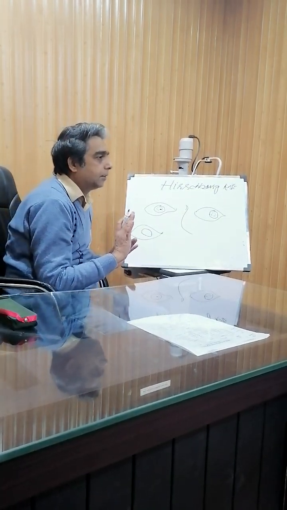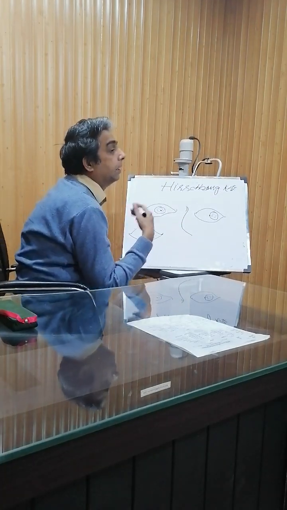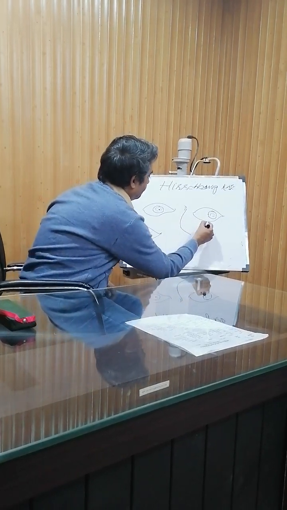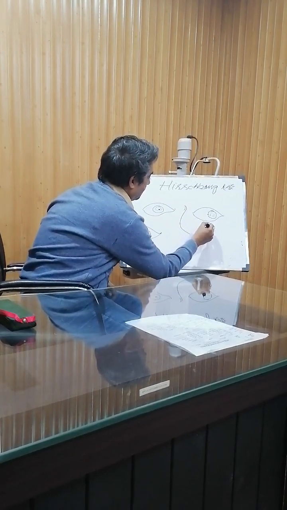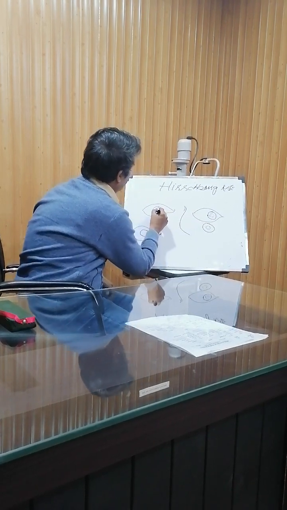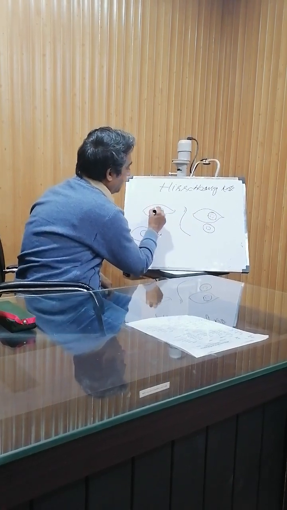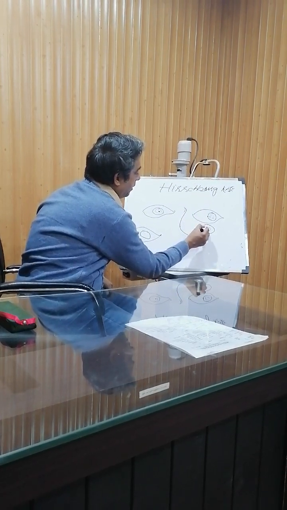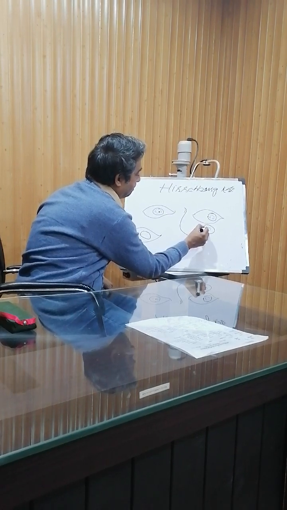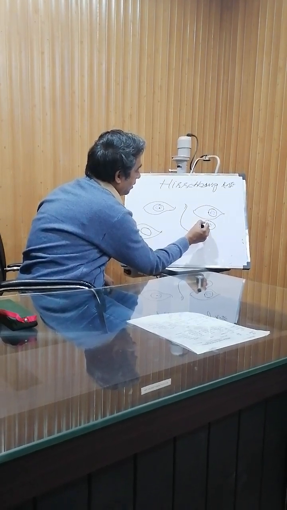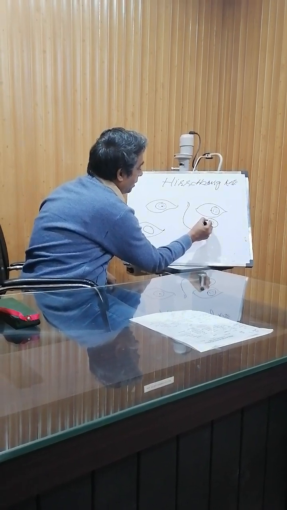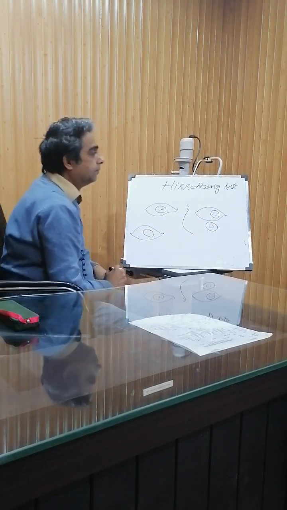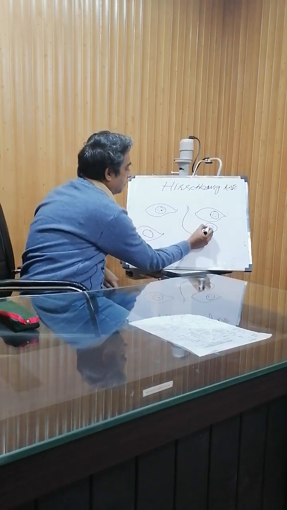Understood? What can be the other possibility? If it is less deviated, for example, like this, then this is on the center, and this, instead of at the limbus, comes slightly inwards and forms at the nasal margin of the pupil, right?